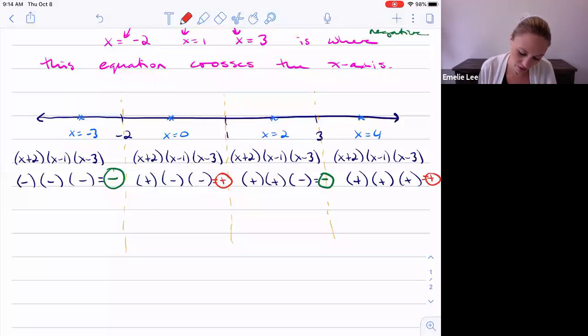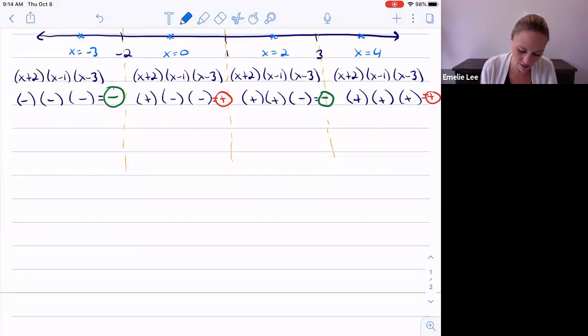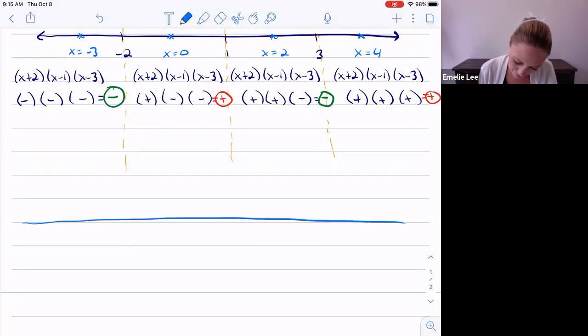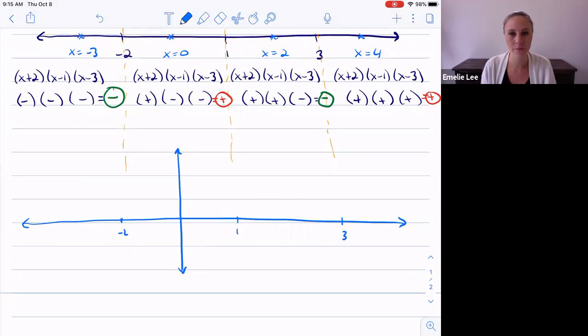And so we could guess that if it's negative here, so if we make this our graph, we have x equals 0 somewhere here, then here at -2 and 1 and 3, because this is what it's going to look like. Oops, that's supposed to be a 3.